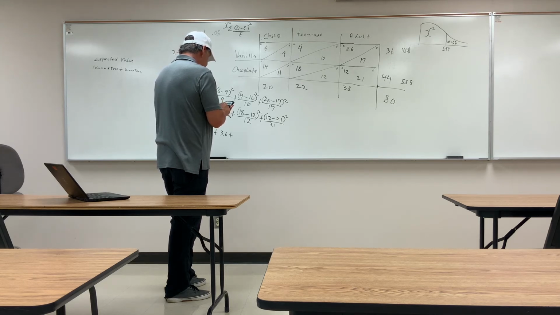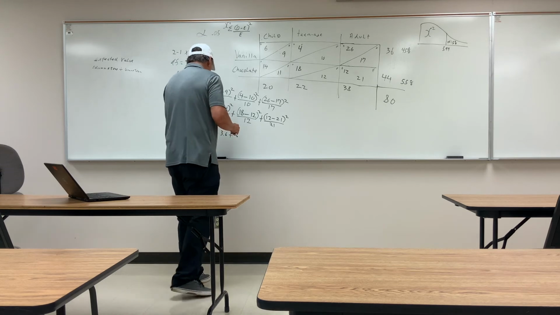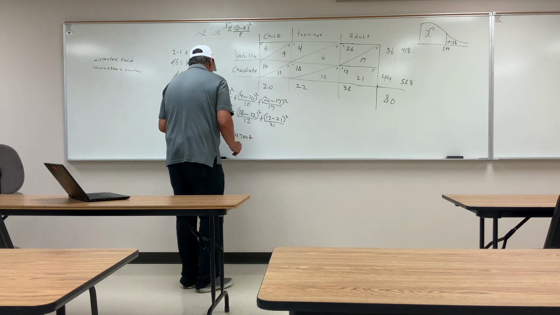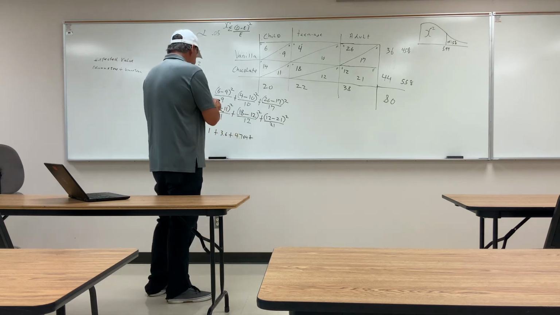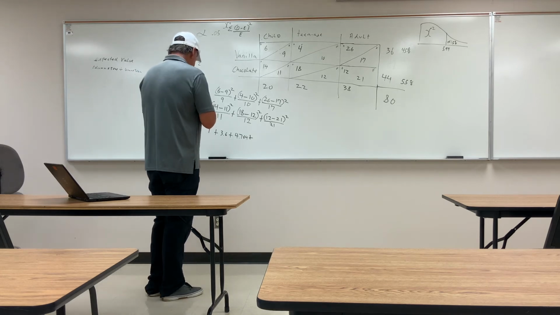So 9 squared is equal to 81 divided by 17 is going to be, wow, 4.764, plus, go down here to chocolate, 14 minus 11, it's 3. 3 squared, we said is 9. 9 divided by 11, equal to 0.818.